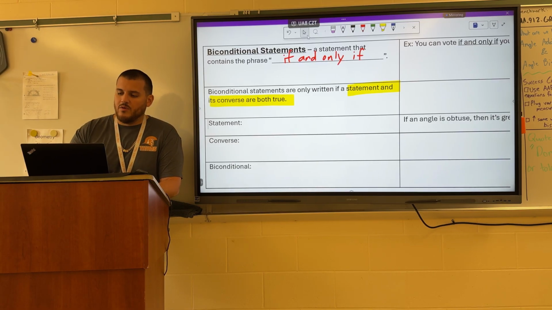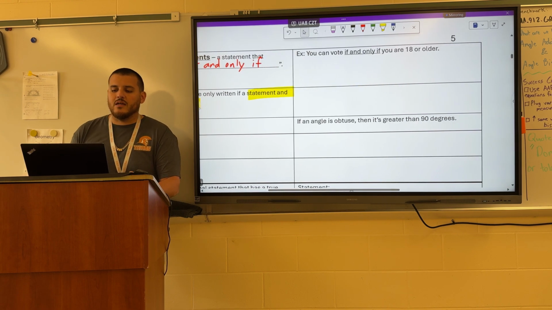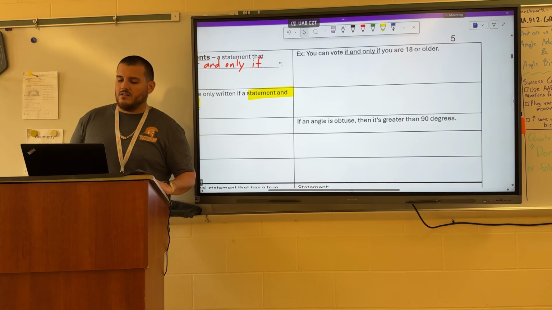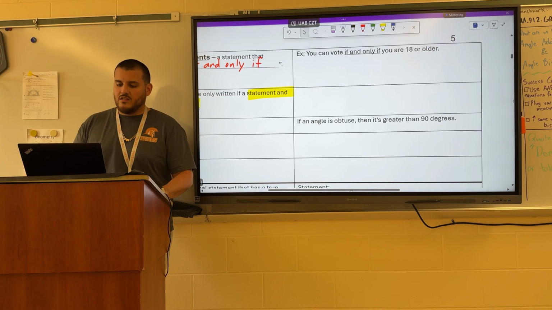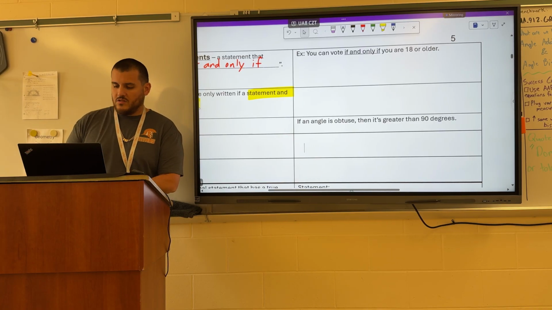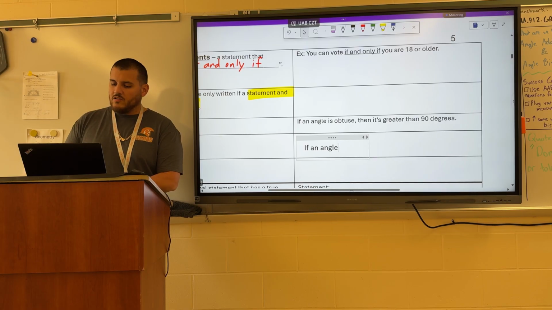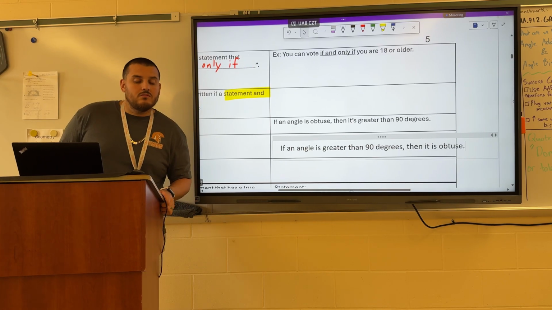So, as an example here, we are given this statement. If an angle is obtuse, then it's greater than 90 degrees. Absolutely true. Let's see if the converse is true. Remember, the converse would be exchanging the hypothesis and conclusion. Right? So we would say, if an angle is greater than 90 degrees, then it is obtuse. That is also true.